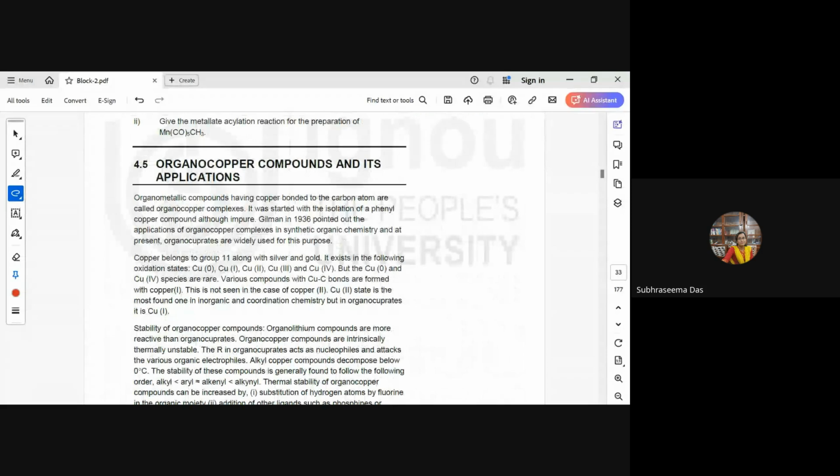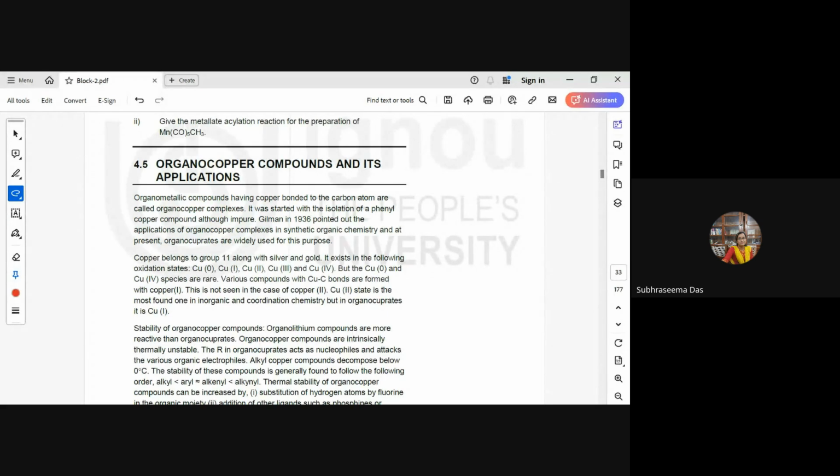Now coming to organocopper compounds and their applications. Organocopper compounds indicate that one copper atom is bonded to carbon. Organocopper complexes are those organometallic compounds where the metal to carbon bond is a copper to carbon bond.